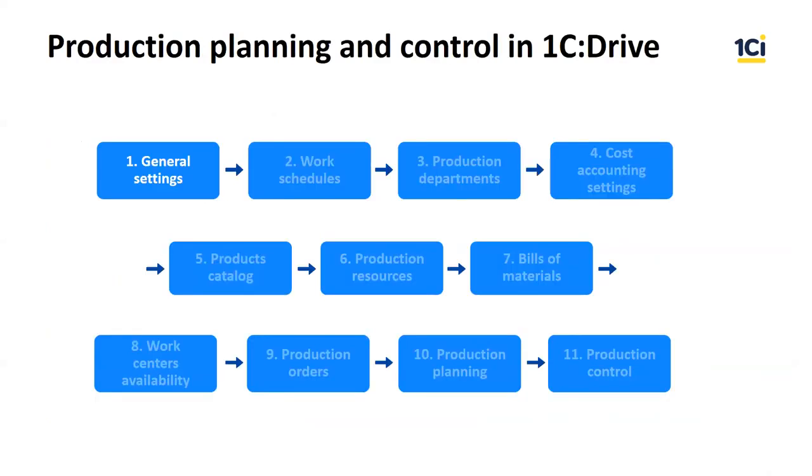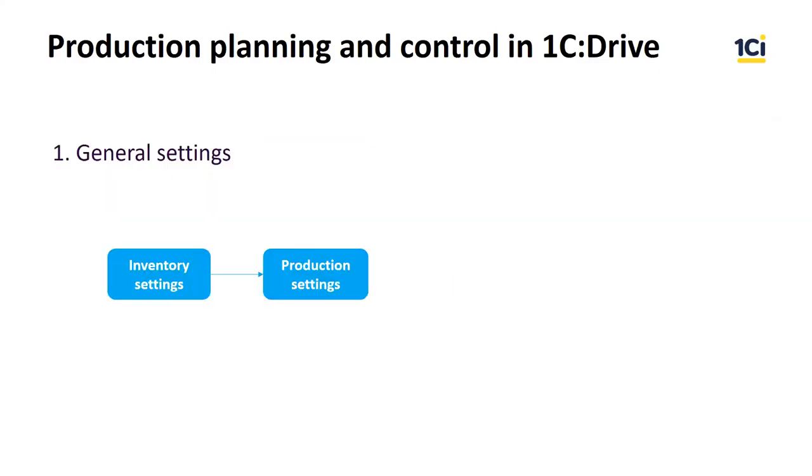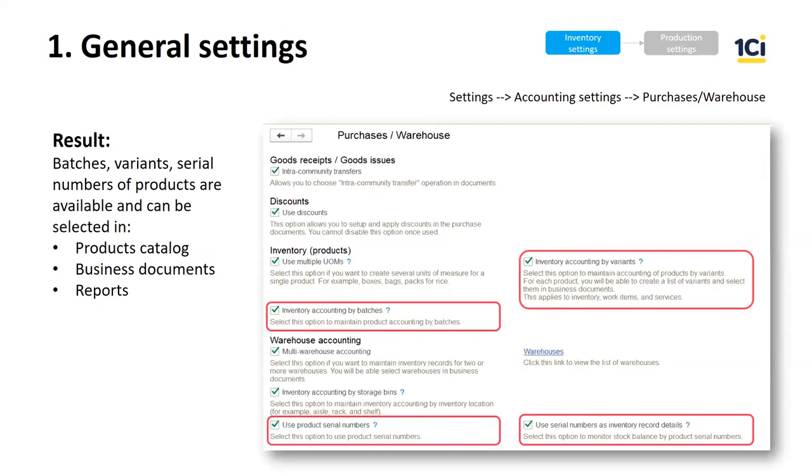So the first step is about general settings. And we'll cover inventory settings and production settings. In inventory settings, and they can be found following the route up here: settings, accounting settings, purchases warehouse module. Here you might choose many options, but of a particular interest, usually inventory count by batches, by variants, and serial numbers.